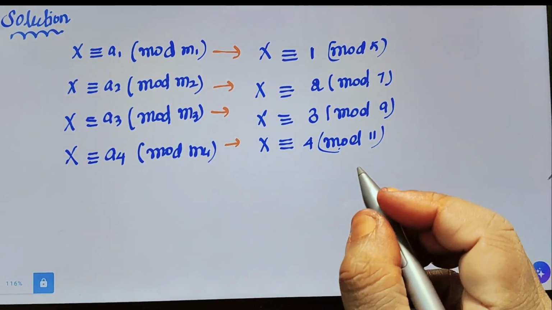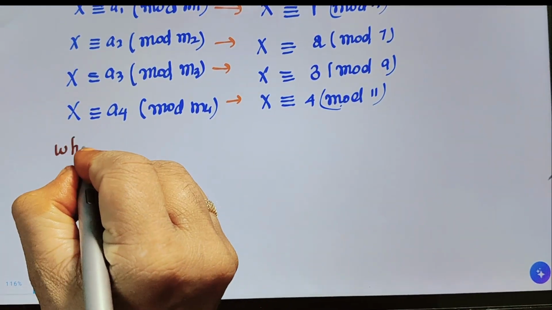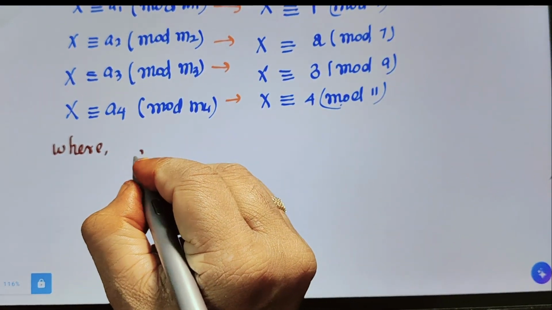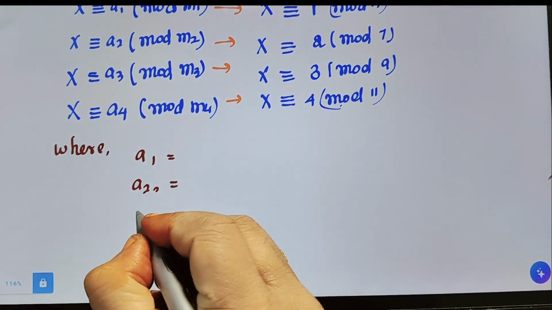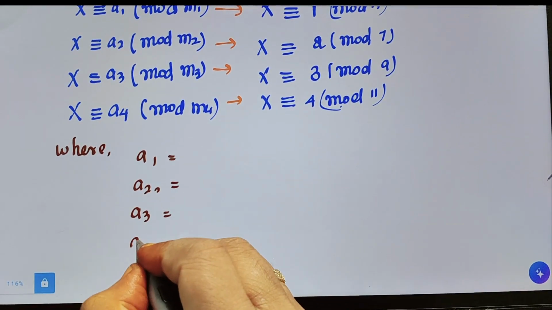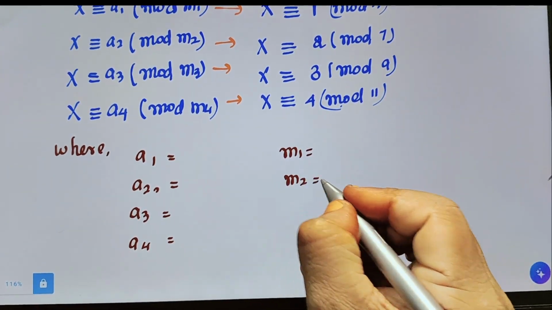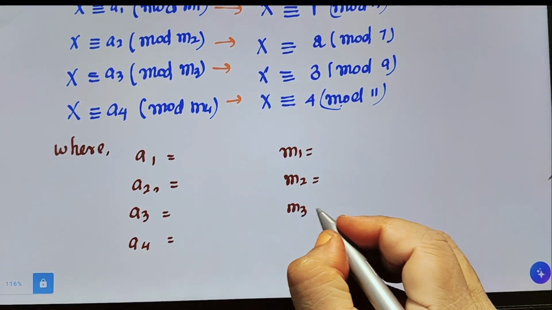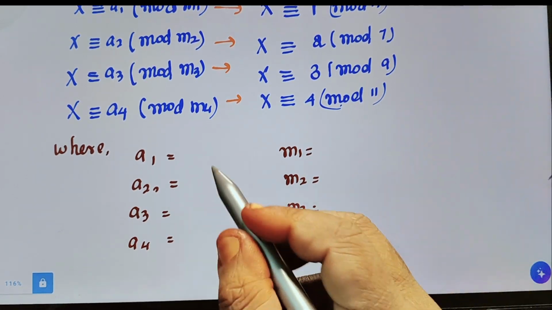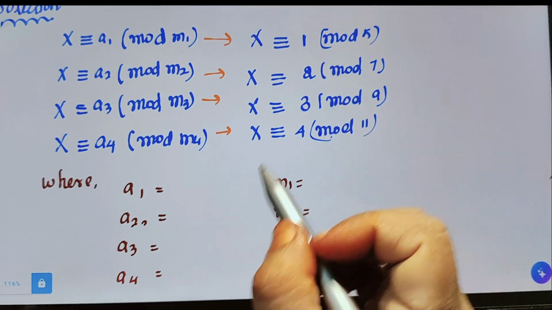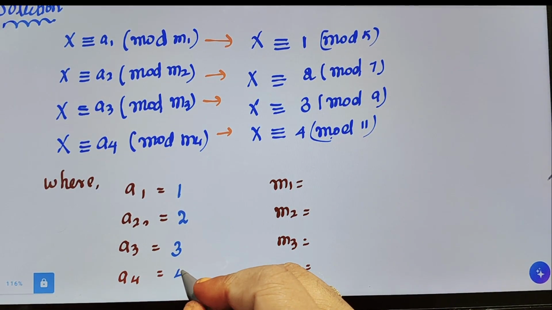Next, see right here, where a1 equal to, a2 equal to, a3 equal to and a4 equal to. Likewise, write m1 equal to, m2 equal to, m3 equal to and m4 equal to. Refer to the problem and write the values. a1 is 1 and a2 is 2, a3 is 3 and a4 is 4.